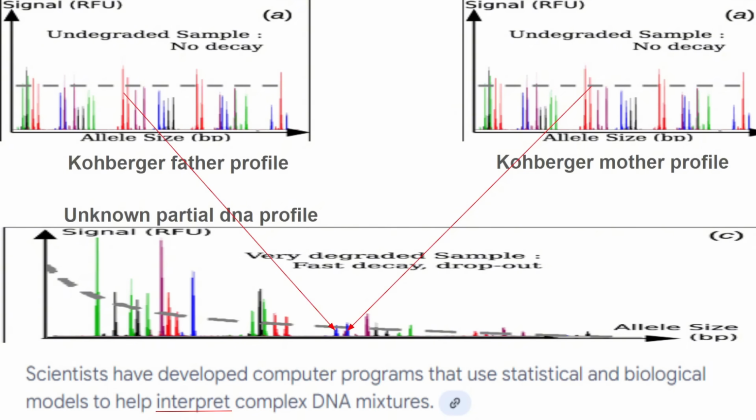Scientists have developed computer programs, a simple computer program, but it uses statistical and biological models to help interpret complex DNA mixtures. So by the use of a simple computer program, they can complete that partial DNA sample. And the defense was well aware of this, I assure you.